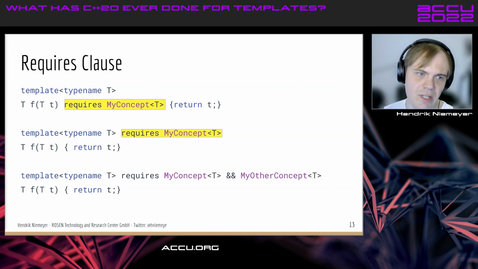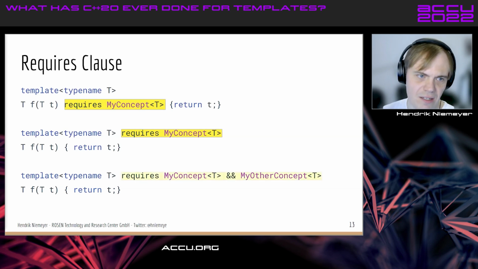And the keyword requires must be followed by some constant expression. So you're not required by the requires clause to use a concept here. You can use something else, for example a type trait or some kind of constexpr bool, or you could also write true or false if you want.